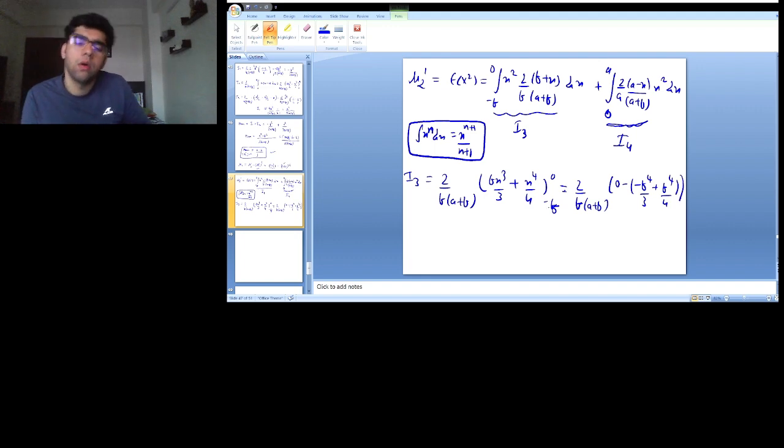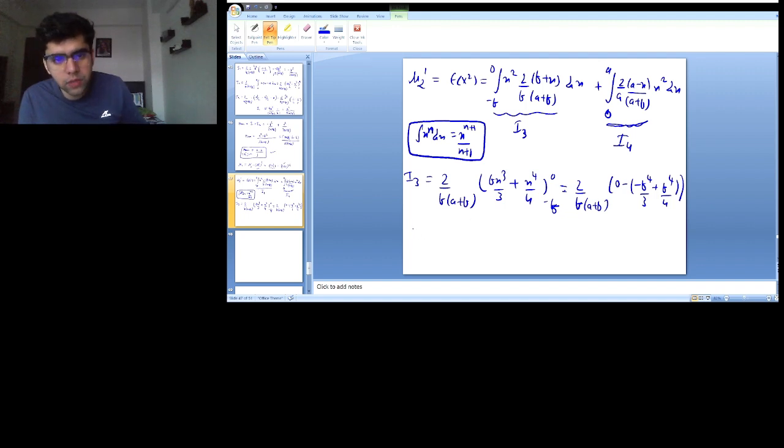Right. When I'll be putting in minus b here, this becomes minus b cube, and this whole becomes minus b to the power 4 upon 3, and putting in minus b and the power being even gives me positive b, and a negative sign outside.